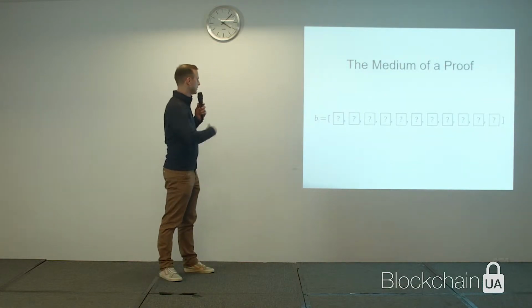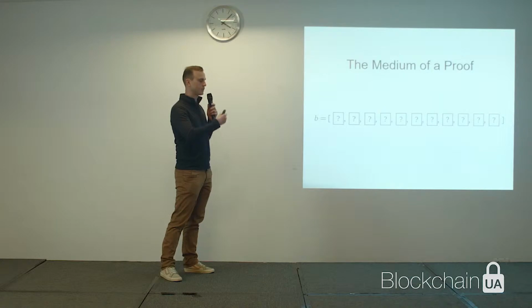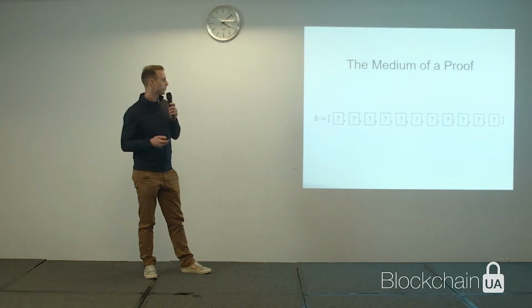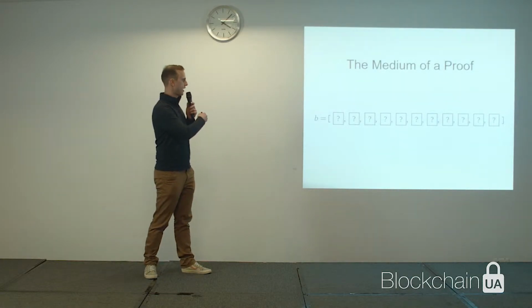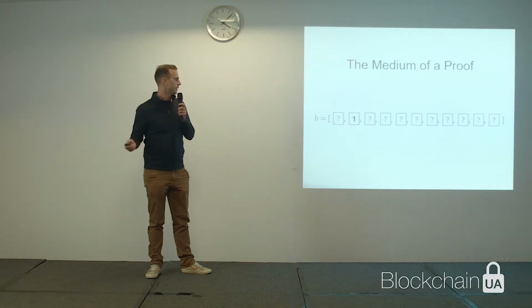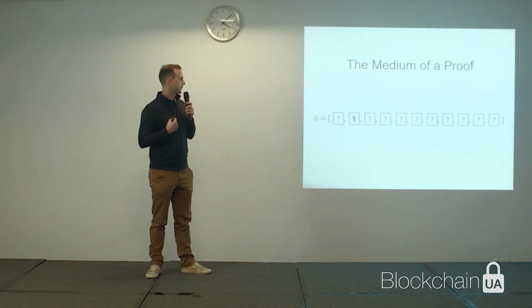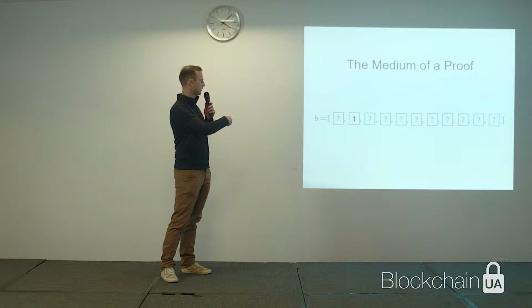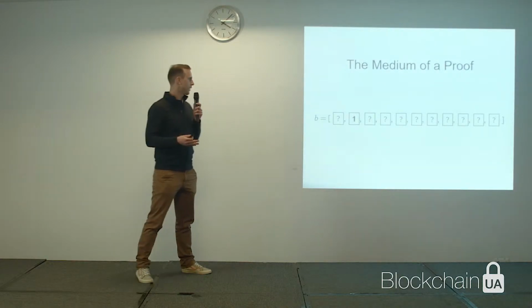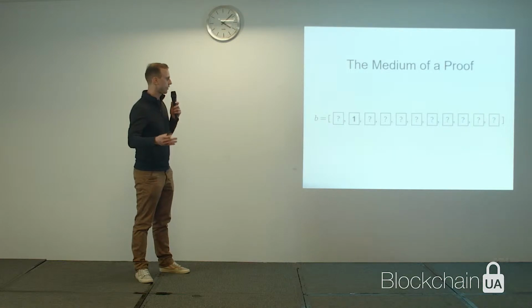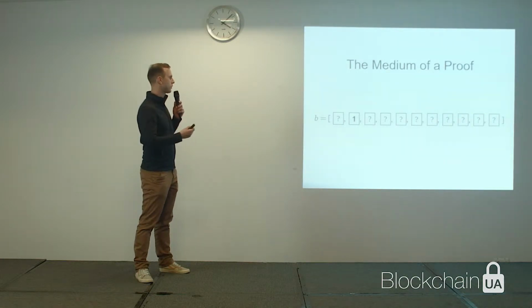Let's say I'm the verifier and somewhere there is a prover. The verifier wants to see that every cell in this array is 1. Let's say we have 1 million cells. I cannot really see the whole array at once, so I need to go one by one and check.